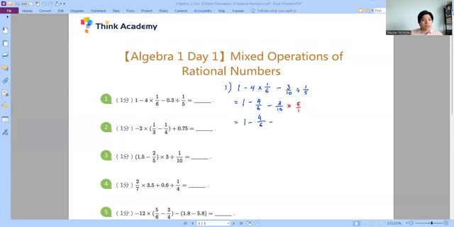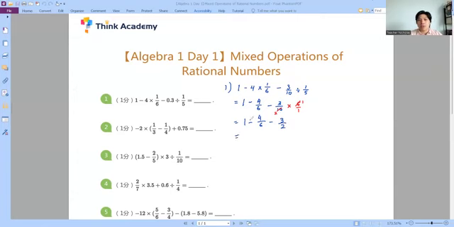Since I have two fractions being multiplied, I can check whether or not I can cross simplify. With 3 and 1, there's nothing much to simplify. But with 10 and 5, I can divide both numbers by 5. 10 divided by 5 is 2, and 5 divided by 5 is just 1. So what I end up with is 3 out of 2 times 1, which is just going to be 3 out of 2.